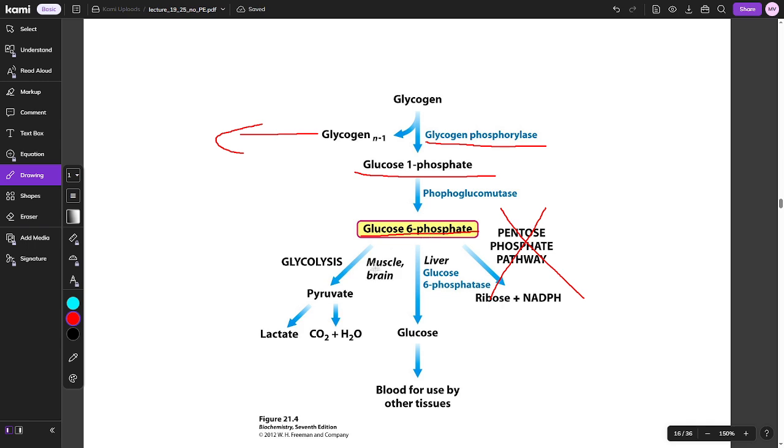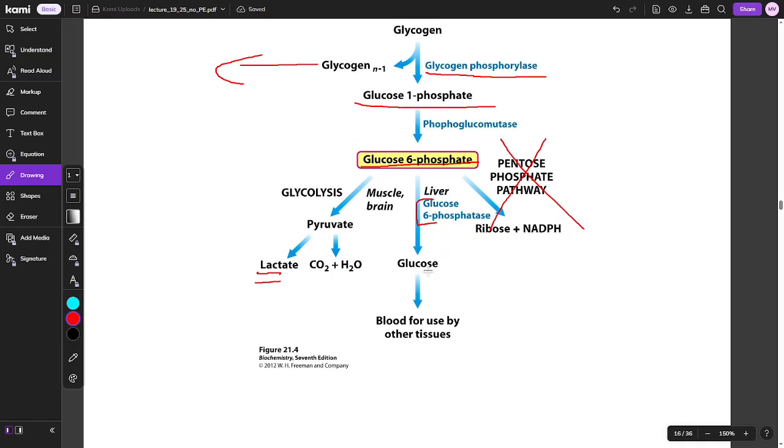Or if it's in the muscle or the brain, it goes through glycolysis, turns into pyruvate, and then it turns into lactate, right? Or if it's in the liver, it goes through glucose 6-phosphatase, which is an enzyme that's not present in the muscle. And then that turns into glucose and is being used for other tissue.